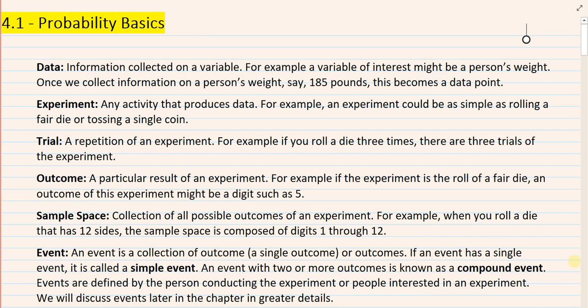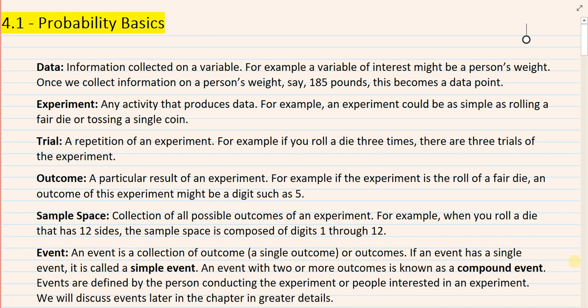One outcome would be to observe page number 50. The sample space would be all pages from 1 all the way to page 500. That's what the sample space is: all that could happen when you conduct the experiment.